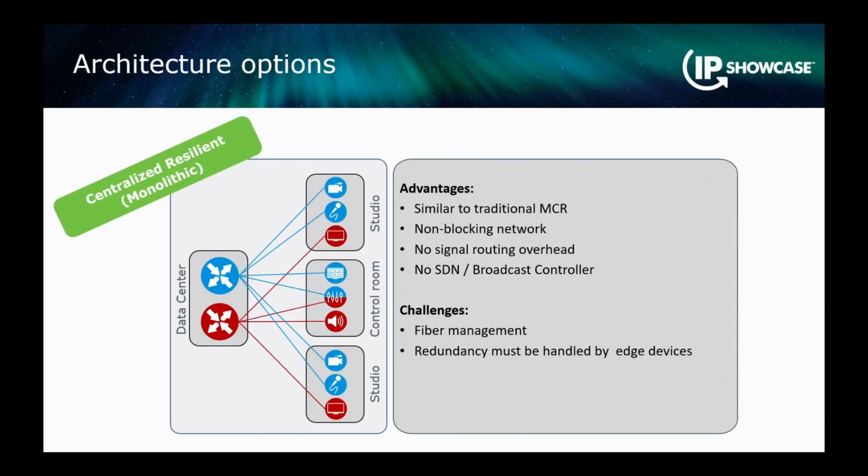If you want to have redundancy, it has to be handled at the edge of the network here, like I'm showing on the video switcher icon there, where you have to dual home in. And if you have devices that only have one interface, how are you going to build redundancy here? There's no network redundancy here inherently because there's no network. So those are some of the challenges there.